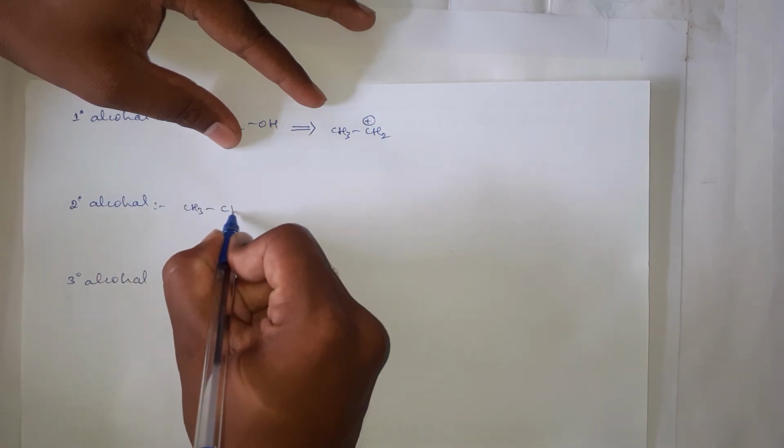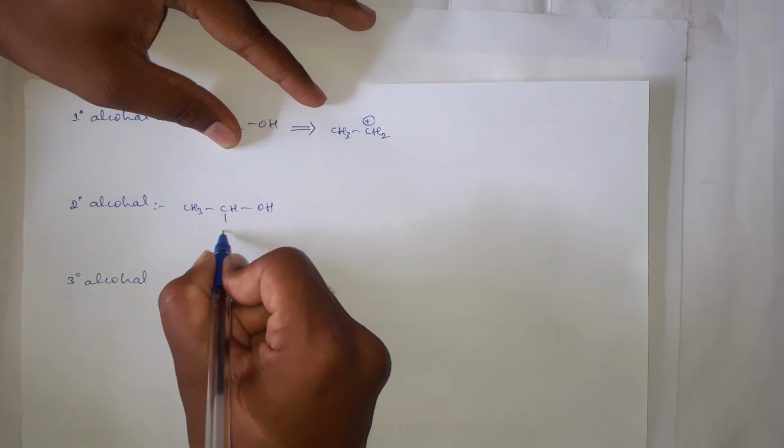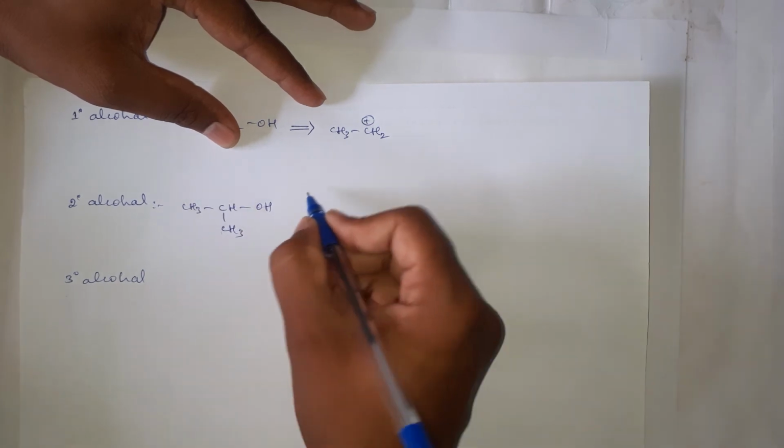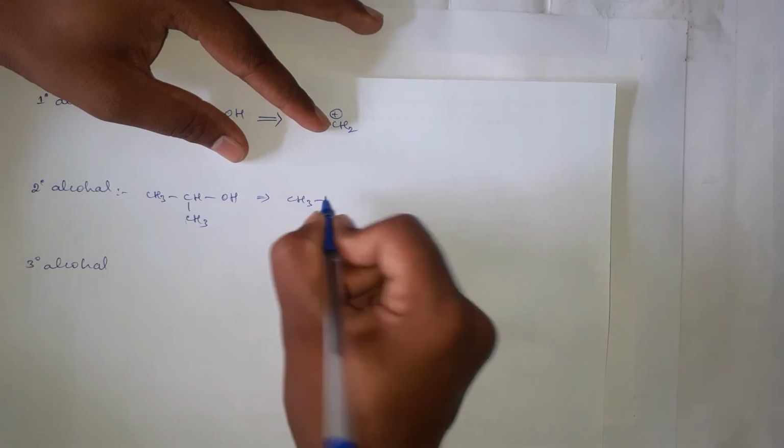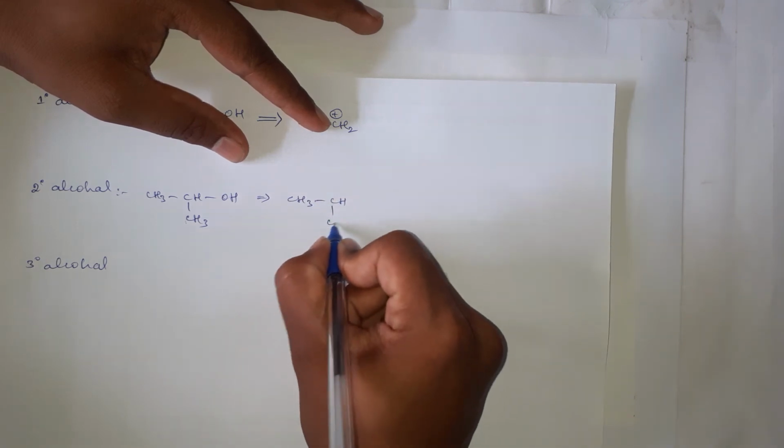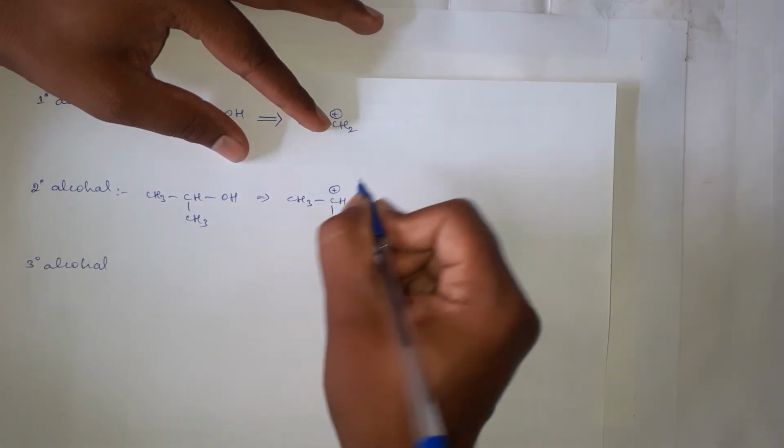CH3CHOHCH3. This is secondary carbon, this is secondary alcohol, and in the first step it will form a secondary carbocation.